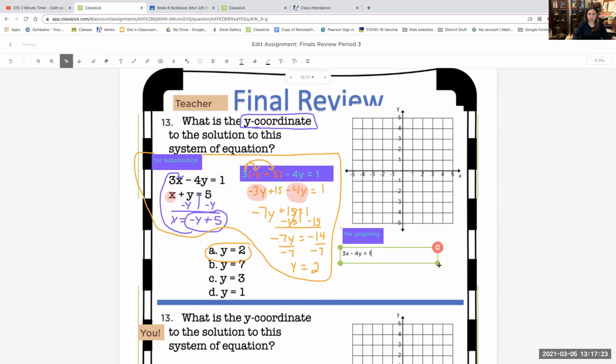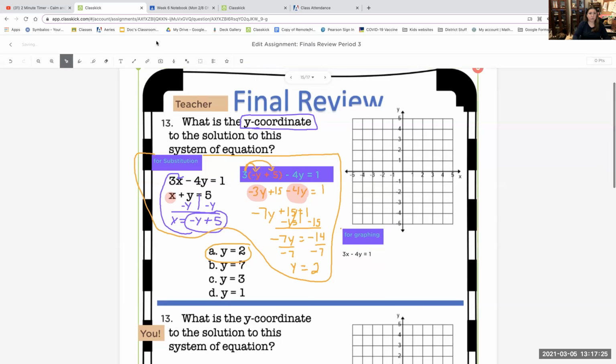And then I'm going to write the other one: x plus y equals 5.